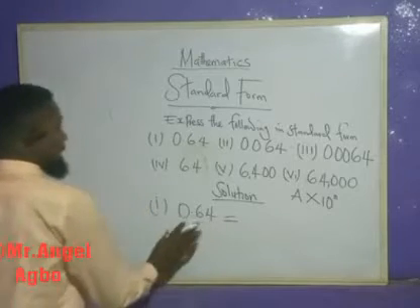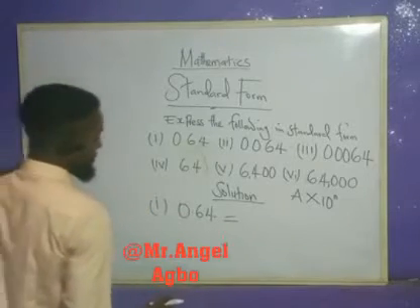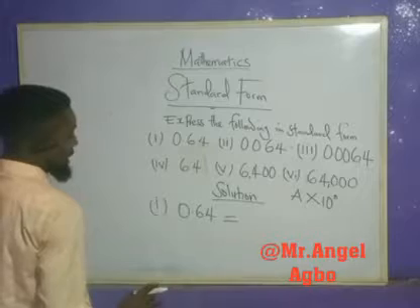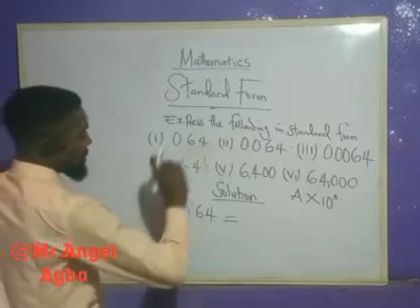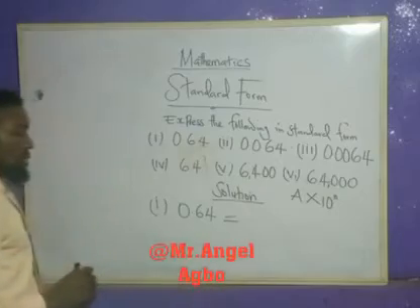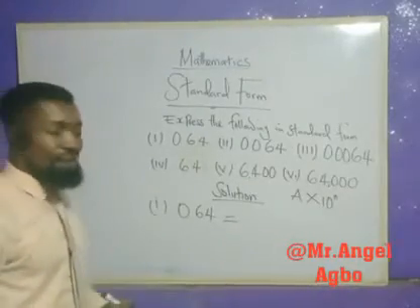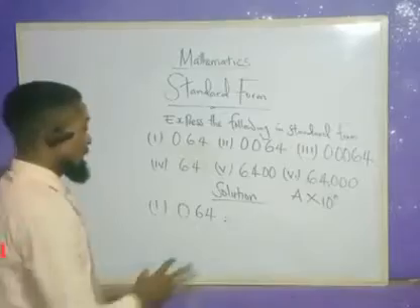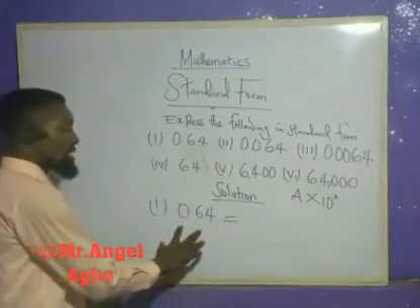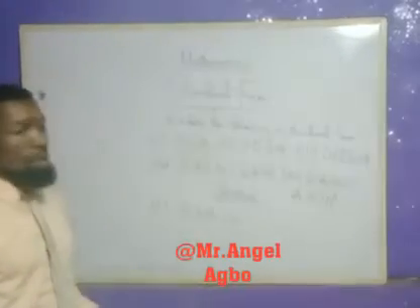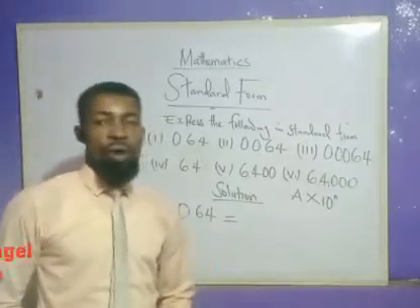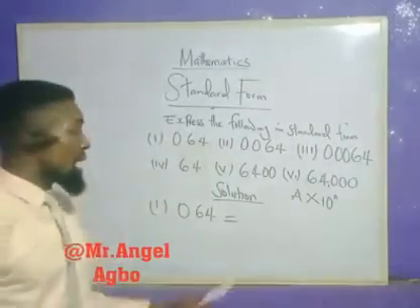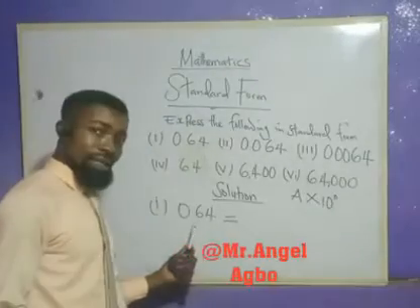So to convert this into standard form, remember we are counting to the right when we have a negative integer. This is going to give us a negative integer in the sense that our A is less than 1.